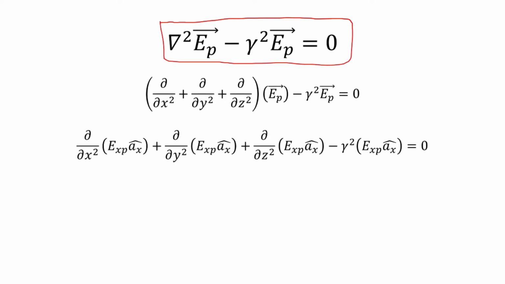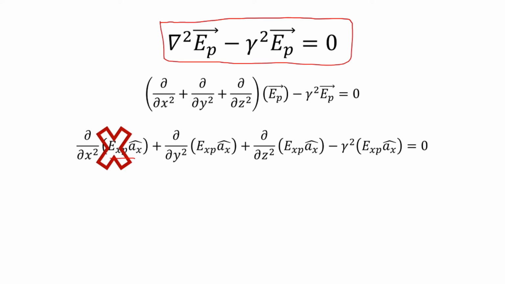I could further expand this with E_p bar equal to E_xp a_x cap. By substituting this, I can further expand this equation to this form. But as we have discussed, E_xp is just a function of z. It is not dependent on x. Therefore, there would be no variation with respect to x.